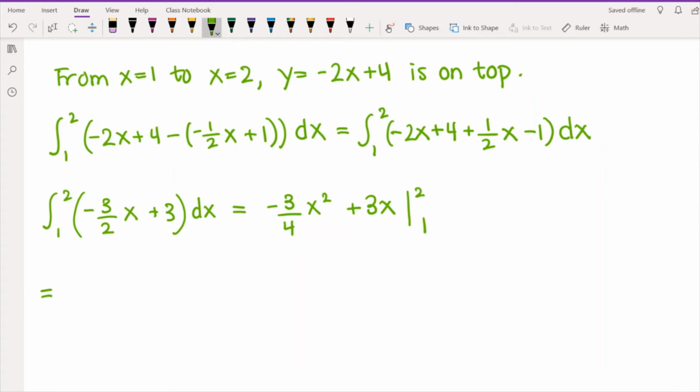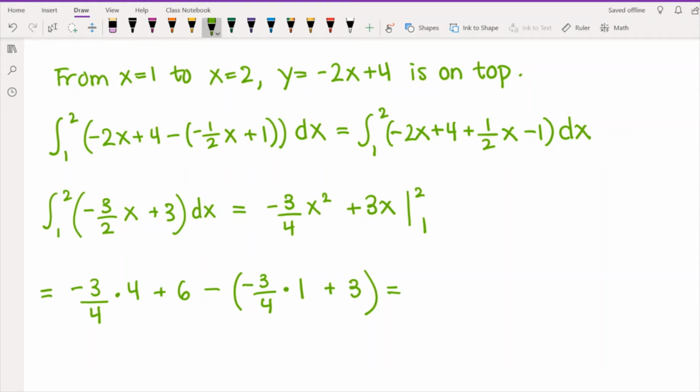So when we plug in 2, we're going to get negative 3/4 times 4 plus 3 times 2 is 6. And then we're going to subtract from that negative 3/4 times 1 plus 3 times 1 is 3.